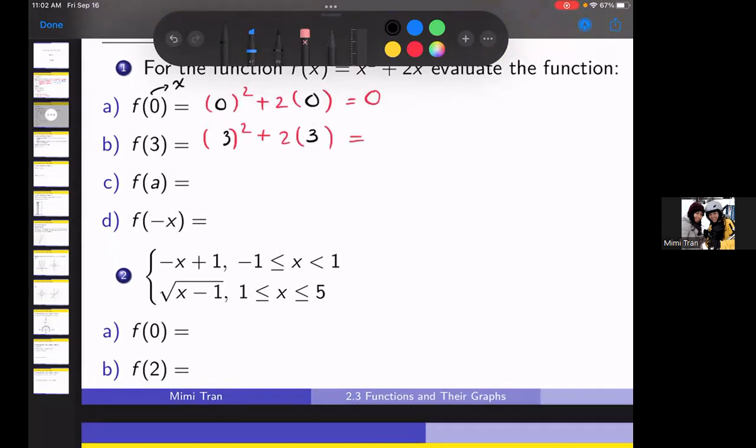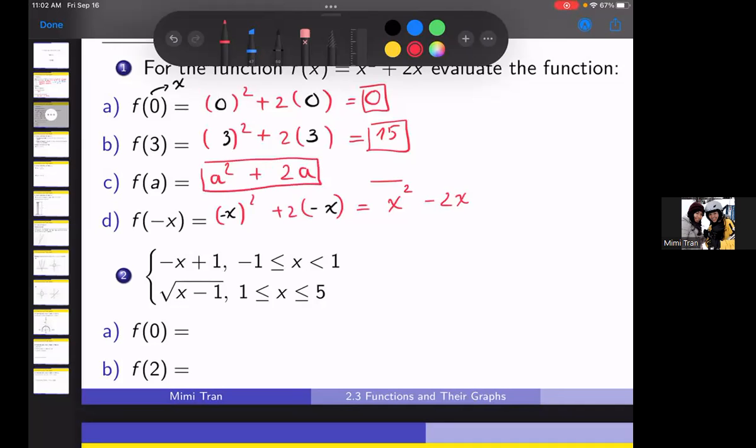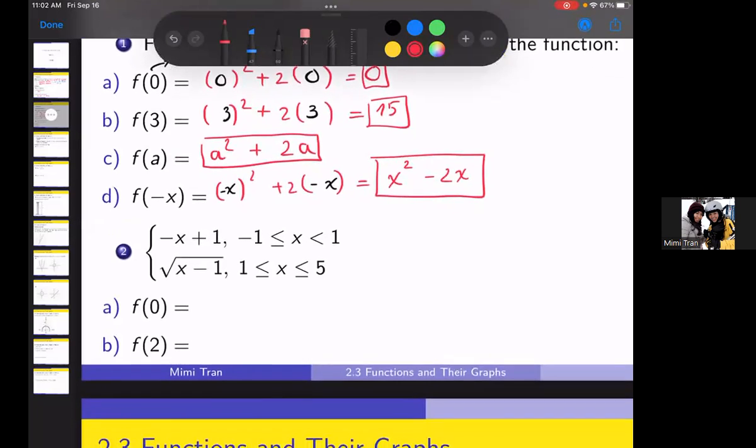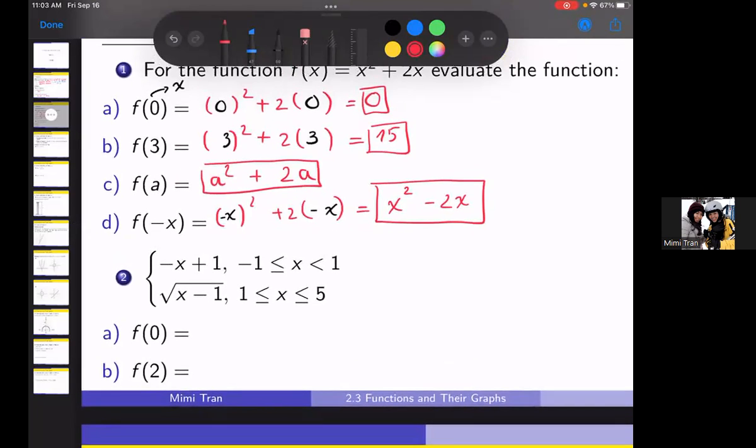So f of a. And f of negative x will be x squared minus 2x, right? All right, so that's pretty easy.